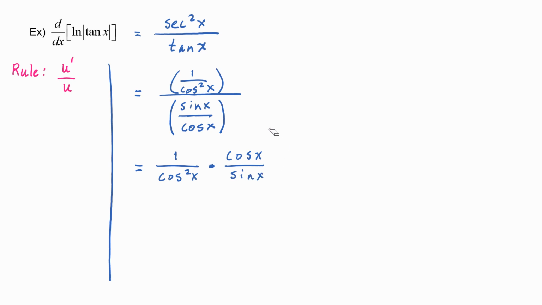Now this cosine of x will cancel one of these, so this simplifies to be 1 over the cosine of x times 1 over the sine of x. And finally, 1 over cosine of x is secant of x, and 1 over sine of x is cosecant x.